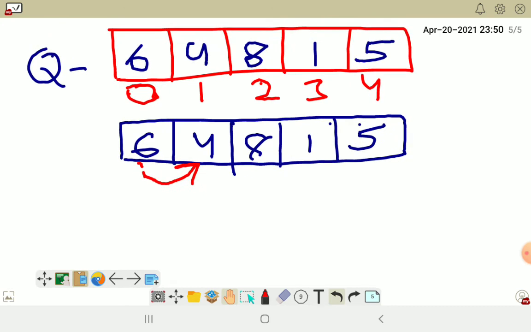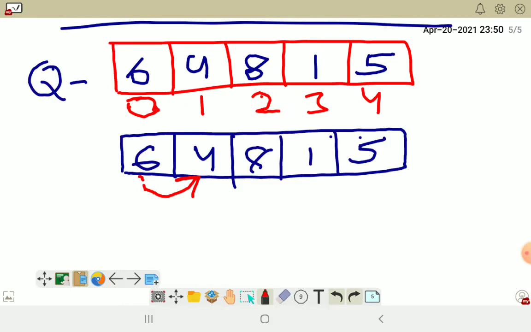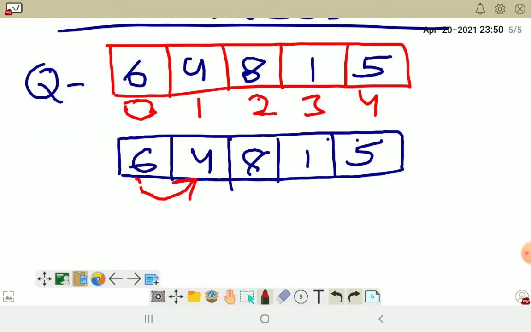When we are trying to bring the smallest first, we have to use the greater than symbol. So what you need to ask here: is the number 6 greater than 4? Yes.